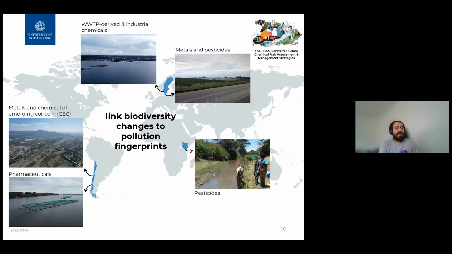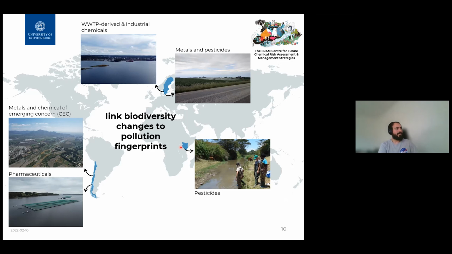We have another case study in Kenya along the same line with pesticide application, looking at how the community responds to that pesticide stress. But we are also interested in exploring environmental DNA as a tool to identify certain diseases quite relevant in the context of Kenyan society.